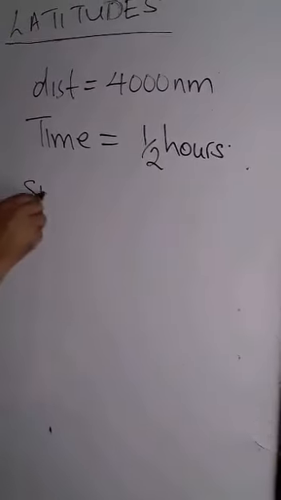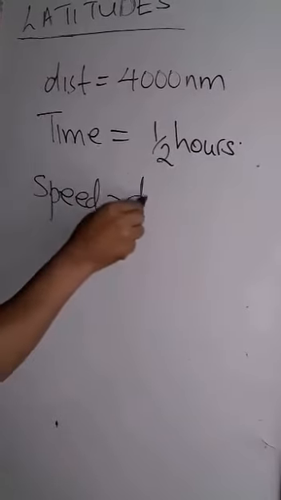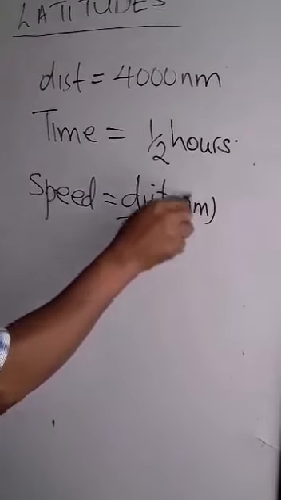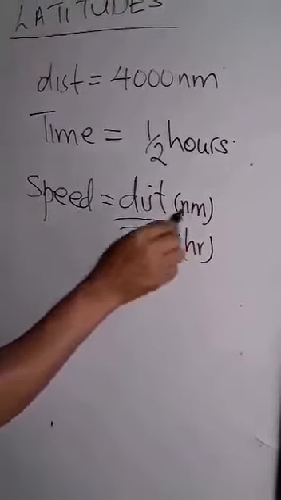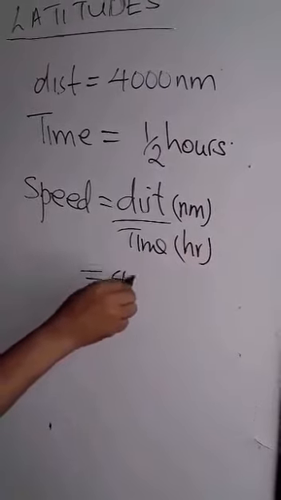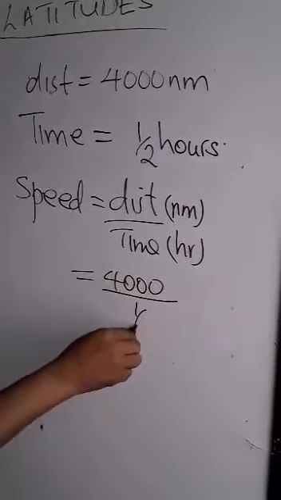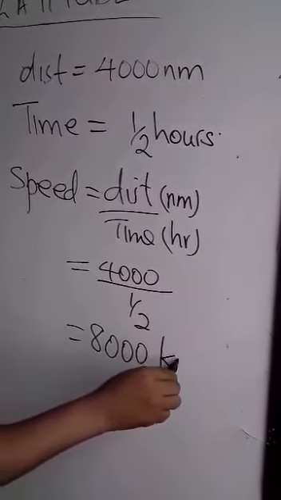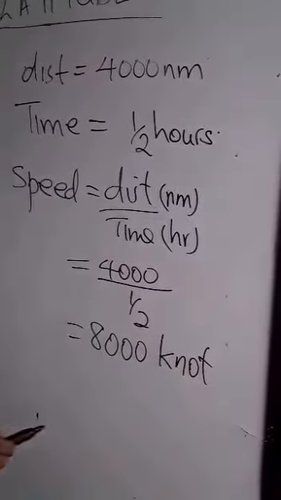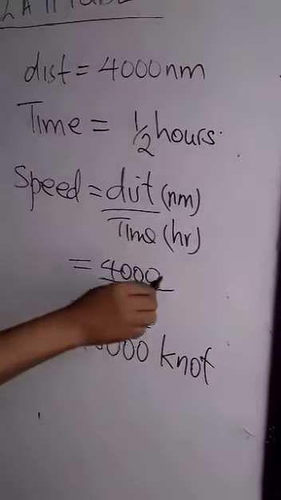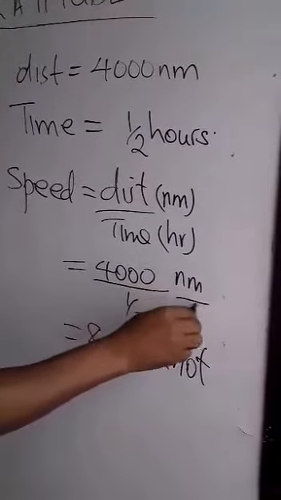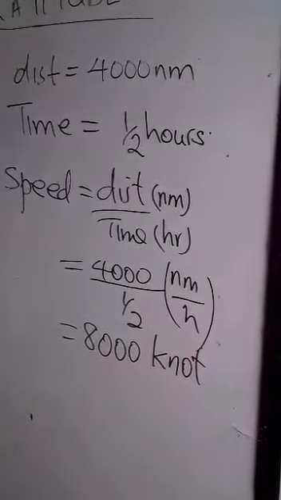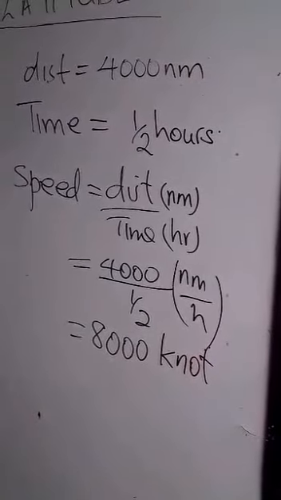Then the speed, which is distance over time, with distance in nautical miles and time in hours, will be 4,000 divided by a half, which gives us 8,000 knots. Because this was nautical miles and this was hours, nautical miles per hour is the knot. So that is speed in knots.